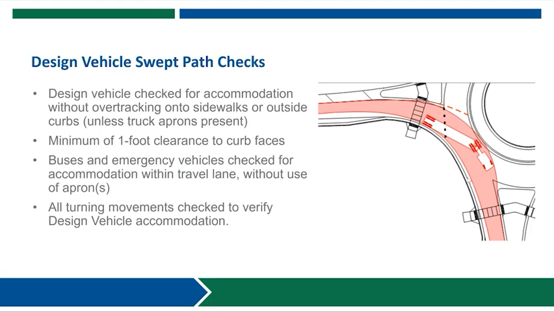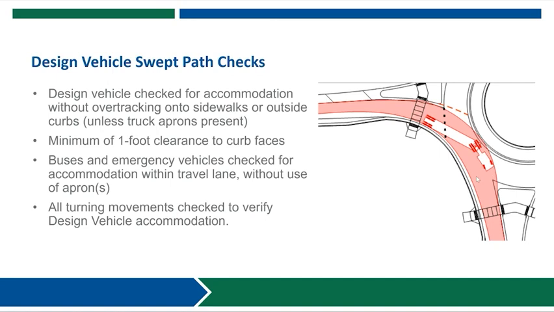There's options to review different envelopes for overhangs or not. There's also options to be able to also turn on the specific path of both the front axles as well as the rear axles of the vehicle. So you're able to see exactly where the wheels of the vehicle are going relative to the curb faces and not just the overhangs of the vehicle. So something to keep an eye out for.